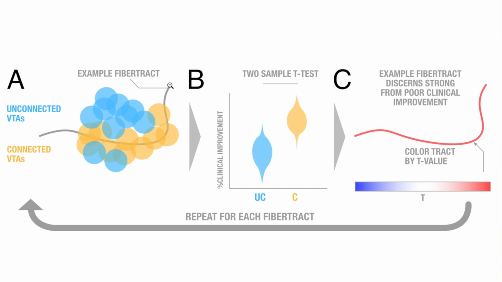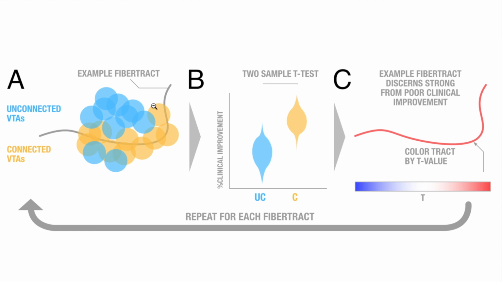What we do is divide the group of VTAs into the ones that are connected to the tract, so that seem to modulate or activate this tract based on this very crude model that we use, and the ones that are remote and do not contact the tract.